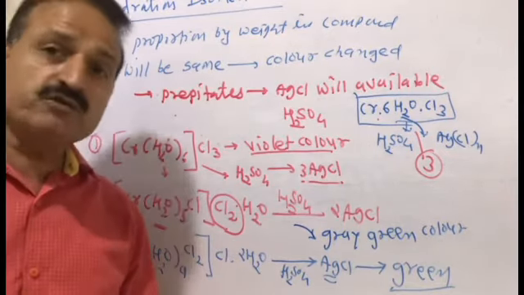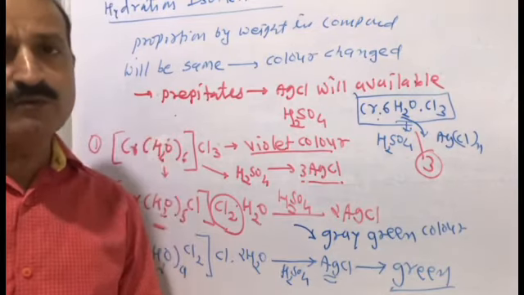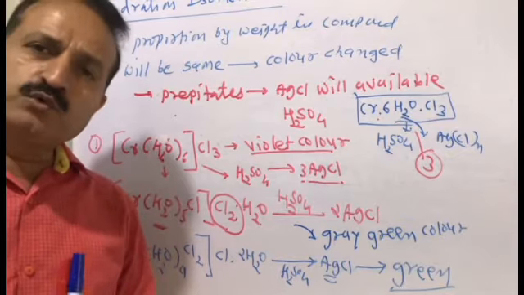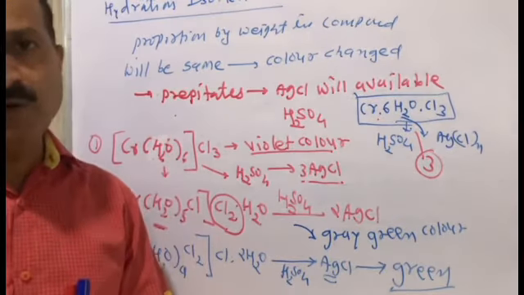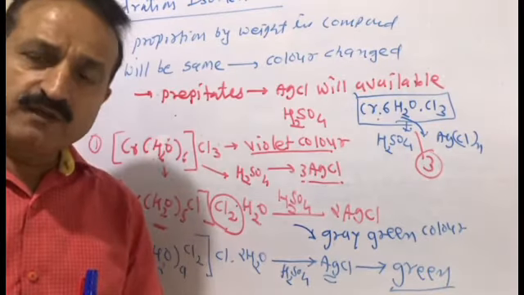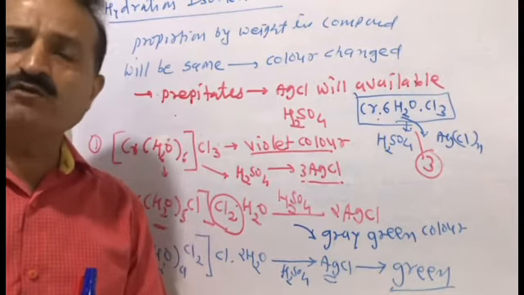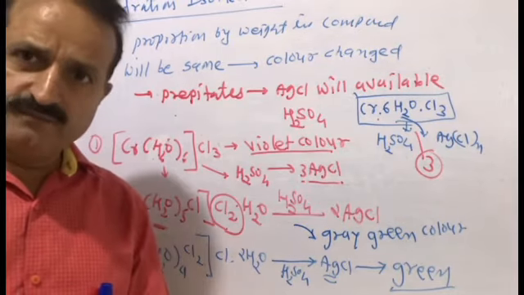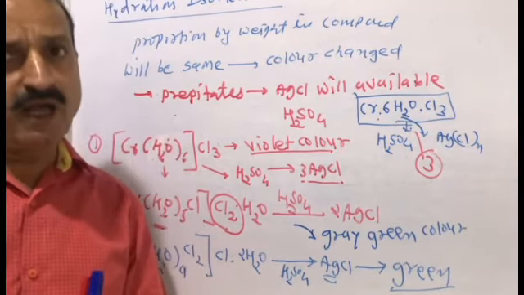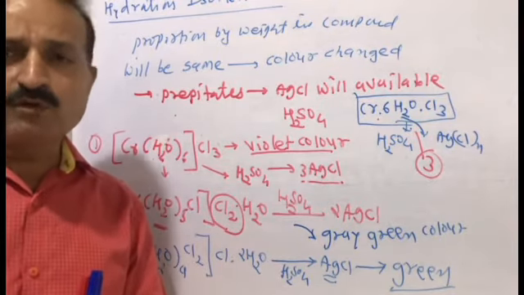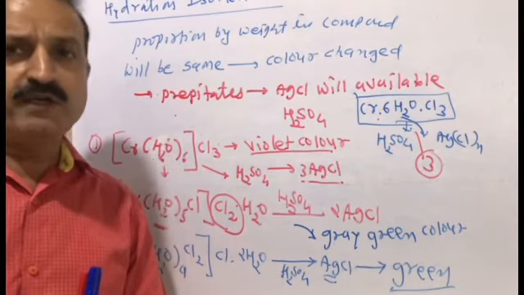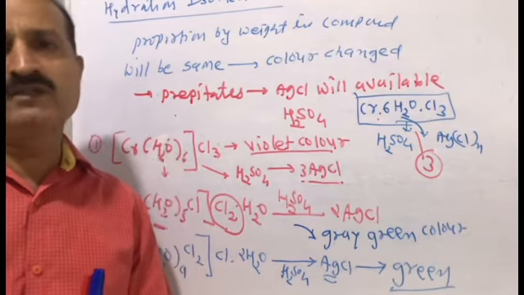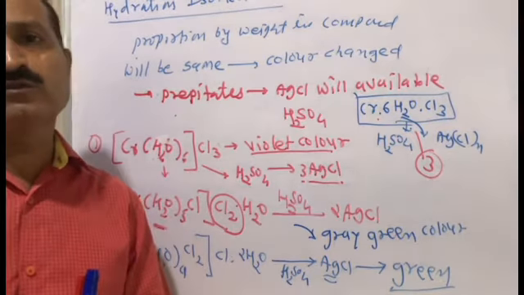So what we have studied today: coordination compounds, coordination isomerism, ligand transfer in one complex compound having two different charges, then ionization isomerism, ion will convert into ligand, ligand will convert into ion, and then hydration isomerism, meaning water molecule released and precipitates of AgCl obtained, and color will change, so they are isomers of each other.